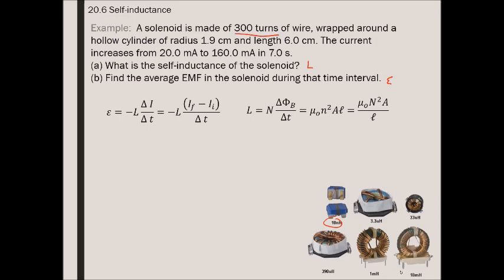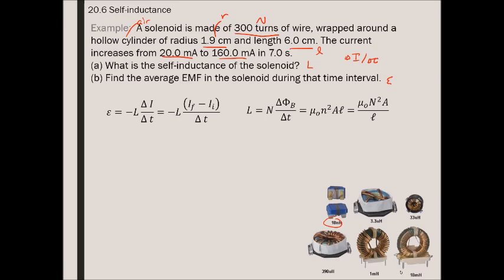This looks like an N, 300 turns of wire wrapped around a hollow cylinder, so air. I'm not going to get into dealing with other core materials. And a radius, that's r, and a length, that's a little l. The current increases, so I have a change in current per change in time.